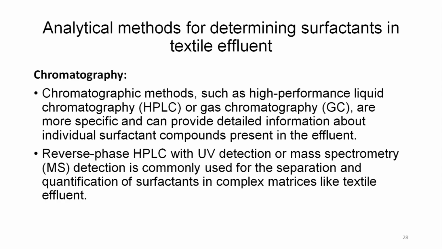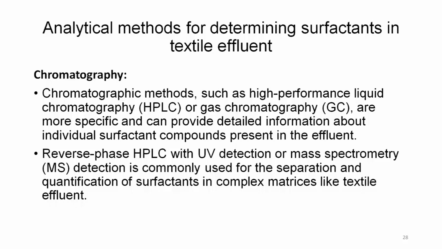Chromatographic method. Chromatographic methods such as high performance liquid chromatography or gas chromatography are more specific and provide detailed information about the individual surfactant compounds present in the effluent. Now, HPLC could take place only if it is a high molecular weight non-volatile surfactant, but GC could be used when it is a volatile surfactant.